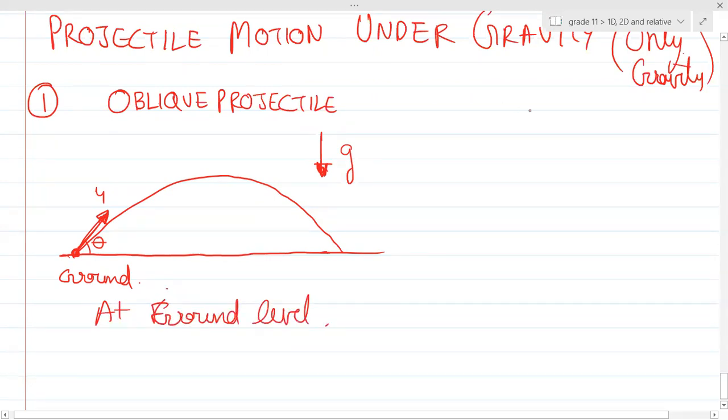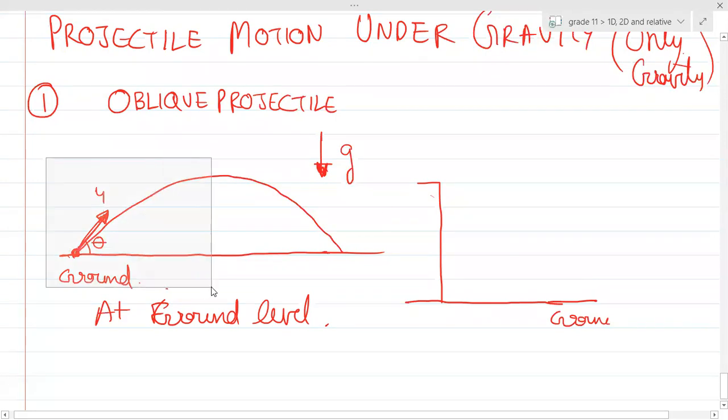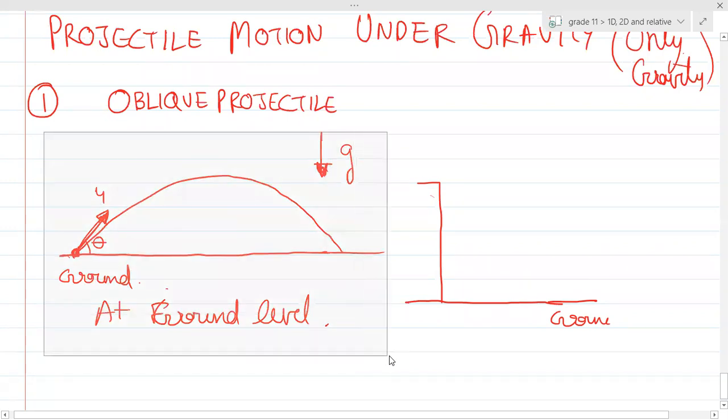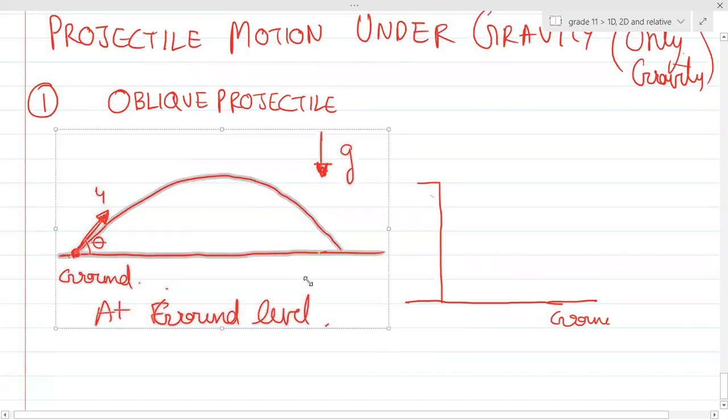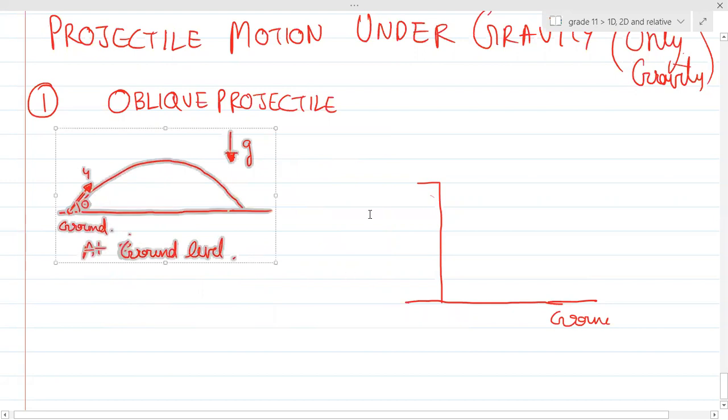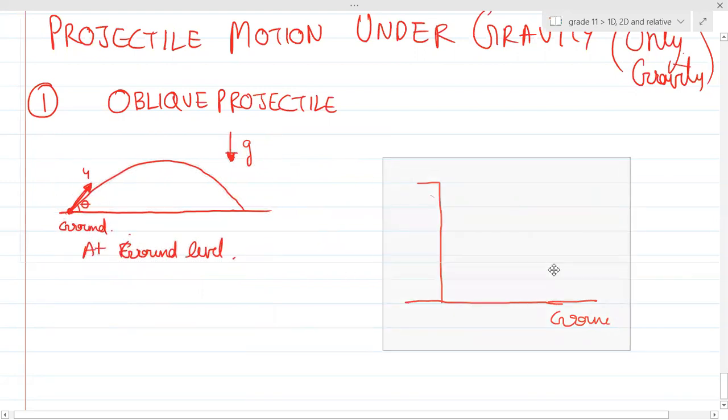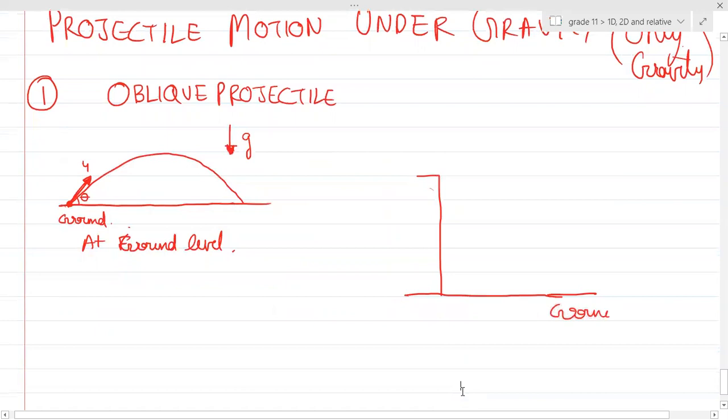The same type of projectile can happen when I throw it from a certain height. Let me make this diagram a little bit smaller. So see, from here I'll throw it like this.